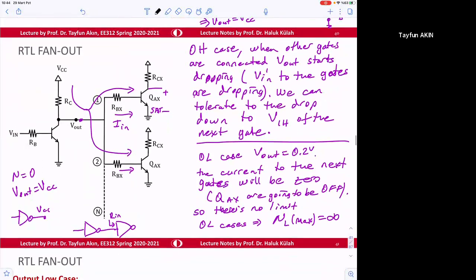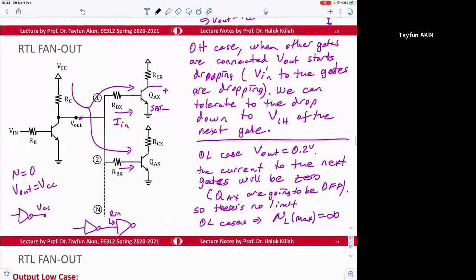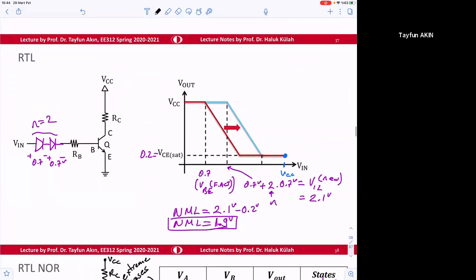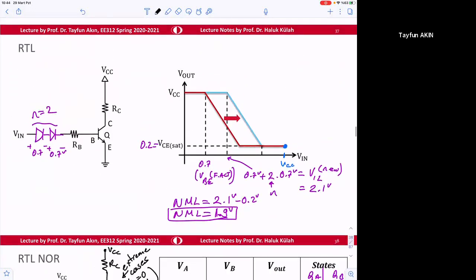Last time we were talking about RTL circuits, resistor transistor logic circuits. We analyzed the circuits first, and then we looked at how we can shift the transfer function, for example, by putting two more diodes.